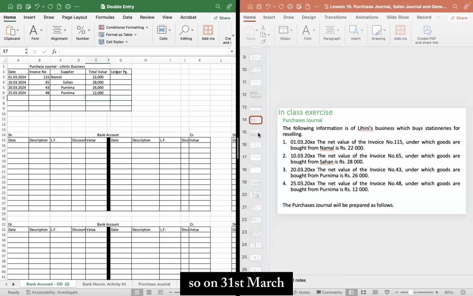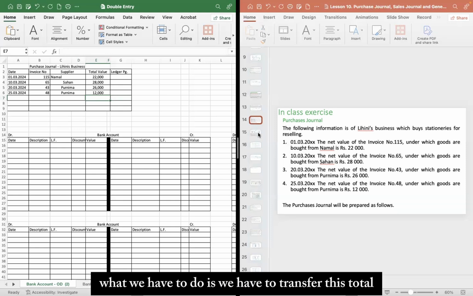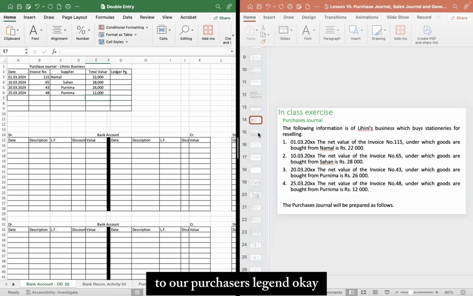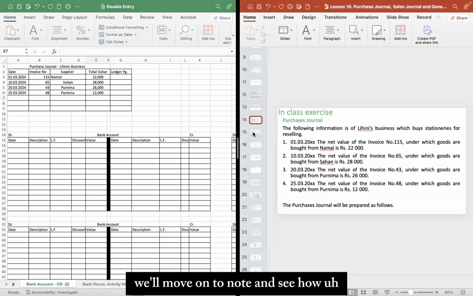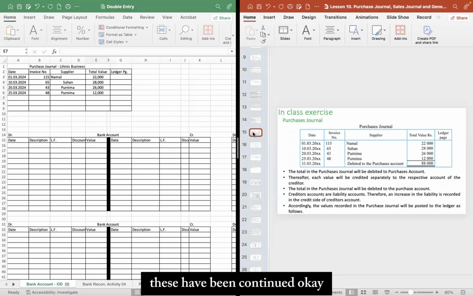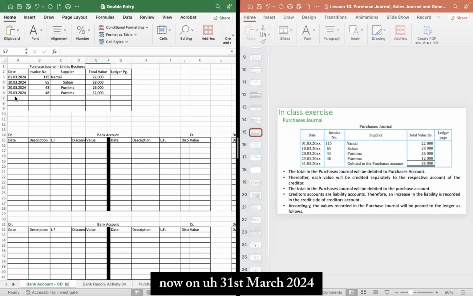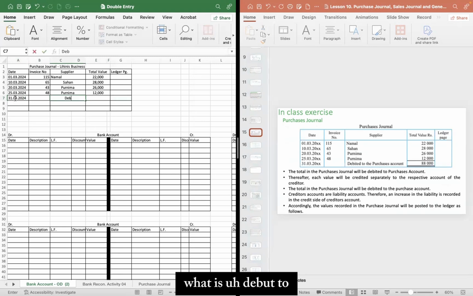So on 31st March, what we have to do is transfer this total to our purchases ledger. We'll move on and see how these are continued. Now on 31st March 2024, what is debited is the purchases account.